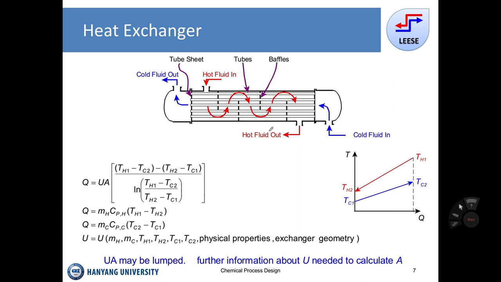Of course, we can specify the temperature of the hot stream and the temperature of the cold stream and try to simulate between these two streams. For this case, we have the process stream for the hot stream and the process stream for the cold stream. Then we have to specify the inlet and outlet temperatures for the hot side and the inlet and outlet temperatures for the cold side.